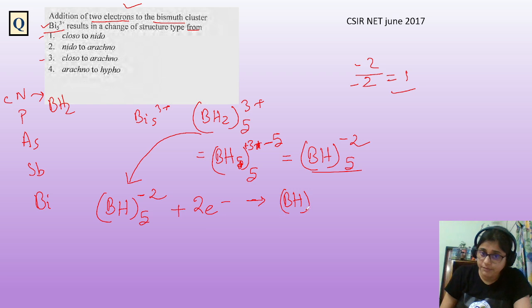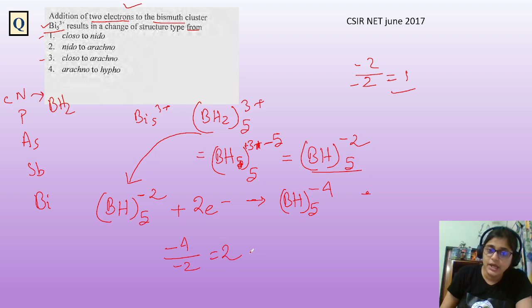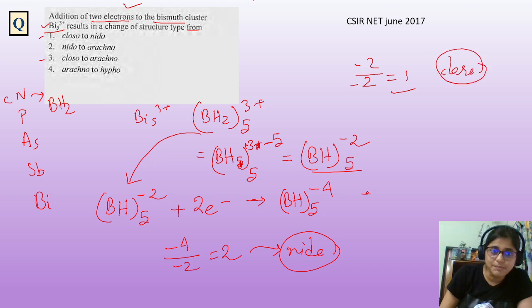BH whole 5 will be the same. 2 electrons we are adding, it will be 4. Minus 2 electrons are there, minus 2 will be added, and it will be 4. So the structure will be minus 4 by minus 2, and it is 2. Now it will be nido, right? So the second case structure is nido, and the first case structure is closo. It is simple. So 1 will be the correct option.